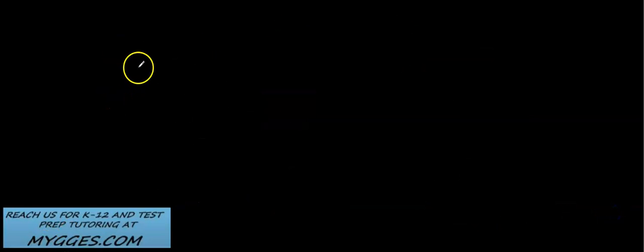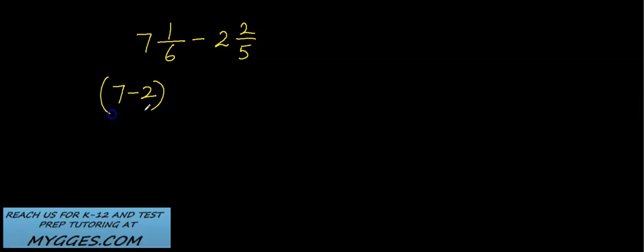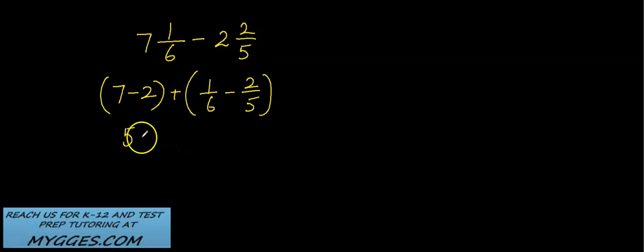Now let's try another example. So we have 7 and 1/6 minus 2 and 2/5. So we combine the whole parts and the fractional parts together. So 7 minus 2 equals 5.